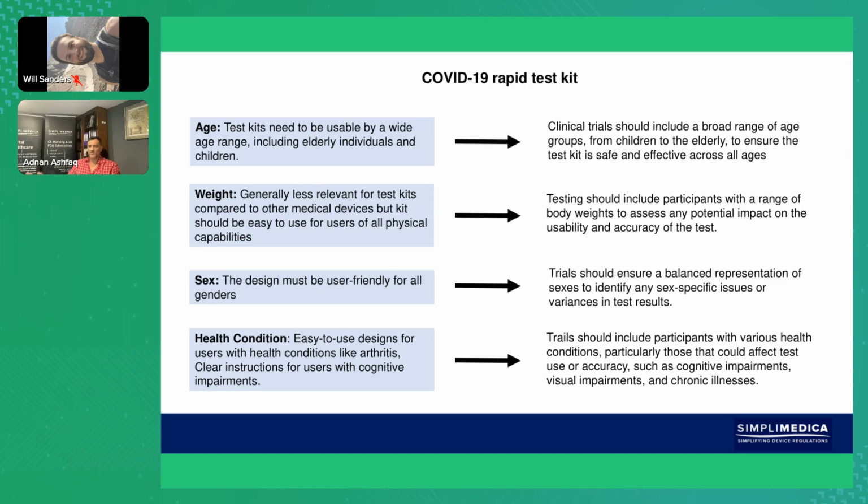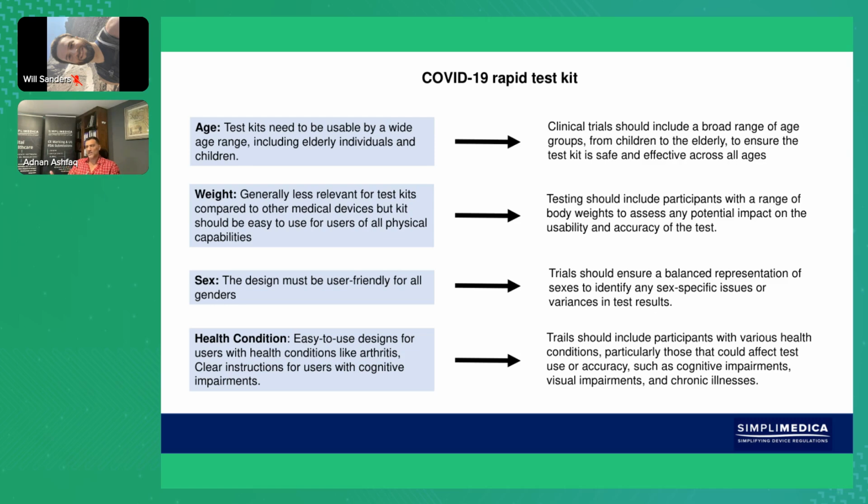Sex: it should be user-friendly for all genders. Health condition: it should be designed for people with arthritis who can't grip the device very easily, and there should be clear instructions for people with cognitive impairments. These are things to think about.